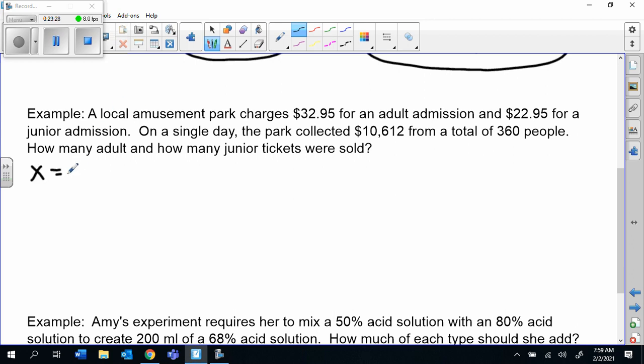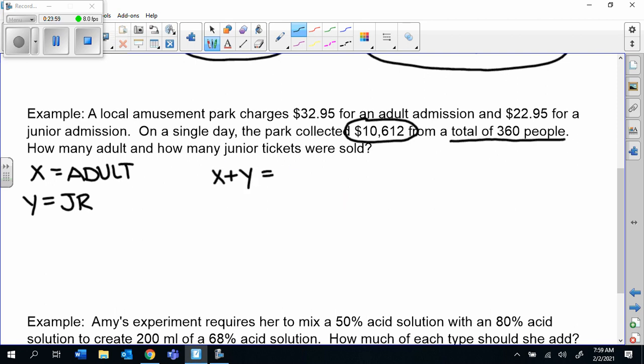So let's make X the adults, and Y is the junior admissions. And it says that it's $32.95 for an adult, $22.95 for a junior. On a single day, the park collected, this is that total dollar amount we're going to use, and a total of 360 people. So we're going to go X plus Y equals 360.